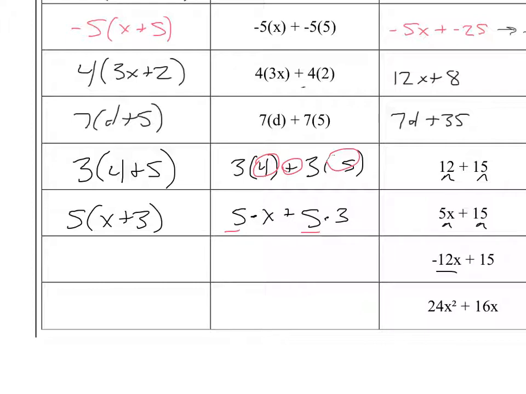Now the next one's the tricky one. All right, I have a negative 12 and a positive 15. So when I factor a negative 12, I need to make sure that I remember the only way that I'm going to get that to be a negative is if I multiply a negative and a positive. So when I think about this, I think about my common factor here as being a 3.